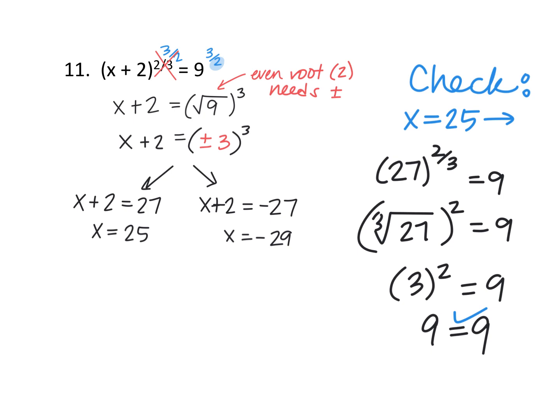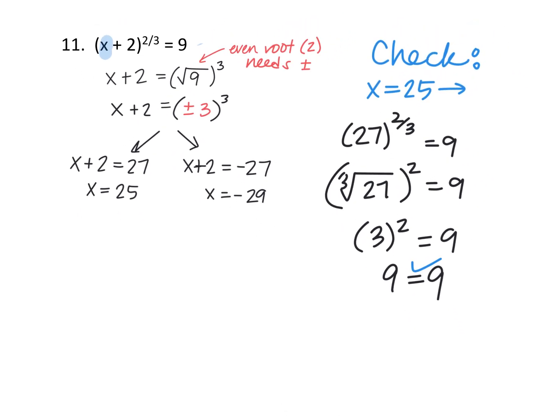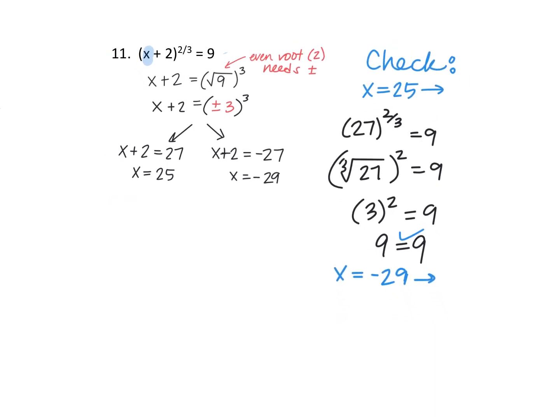So plug it in. Remember, we're plugging it into the original equation. I didn't highlight it or anything. We're just plugging it in for x. So again, if I do that same process with negative 29, this time I'll get negative 27, I think, in the parentheses. So that would become negative 27 to the 2/3 power, we hope is equal to 9.